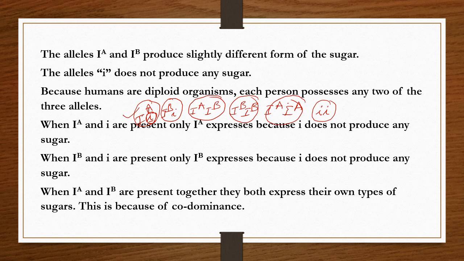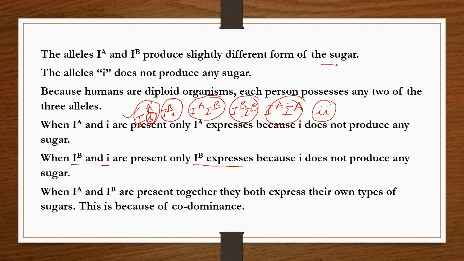Similarly, when the cell consists of IB and small i, again IB expresses because IB also produces the sugar polymer. That's why it is dominant. So IA and IB both are dominant over small i.